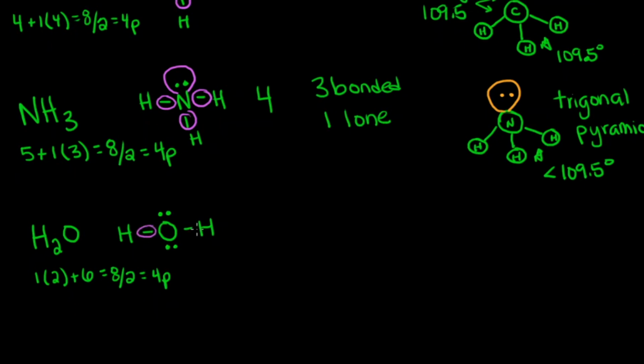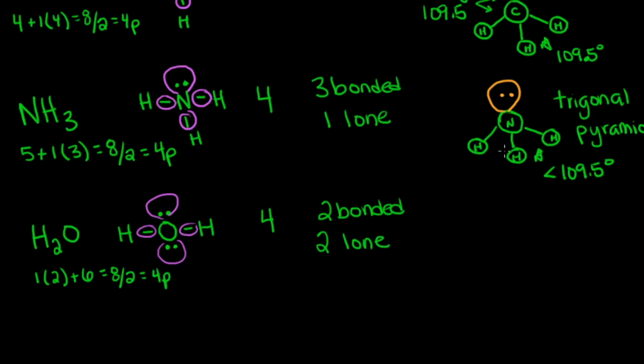So let's count up our domains. 1, 2, big domain 3, big domain 4. Okay, so these are all taking up space in this 4-domain family. This time we have 2 bonded and 2 lone.